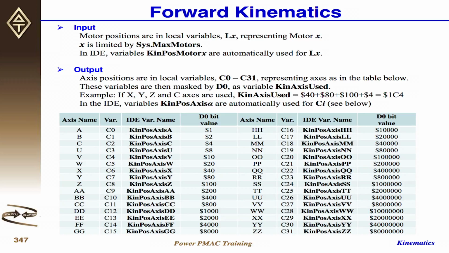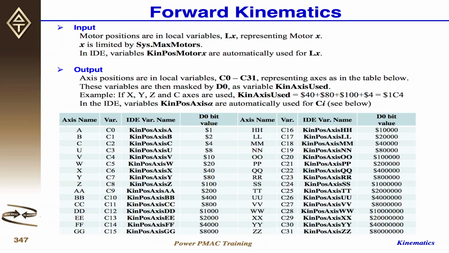But again, they are not all used, right? So that's why we have another variable in here called kin axis used. This is automatically defined, and it's designated to D0. And you have to give me this to say which axes you are using. Okay? We have a table here.